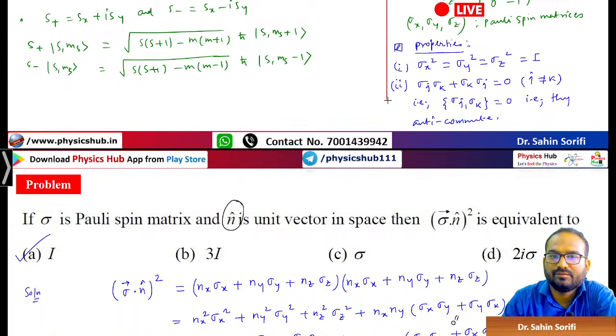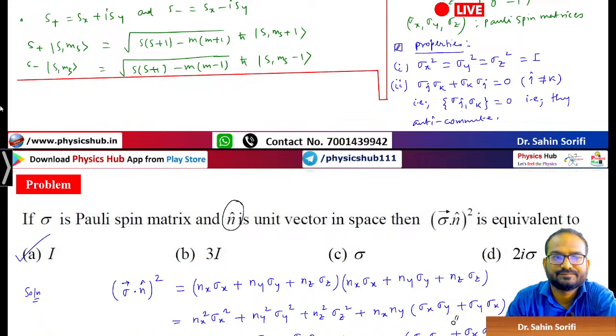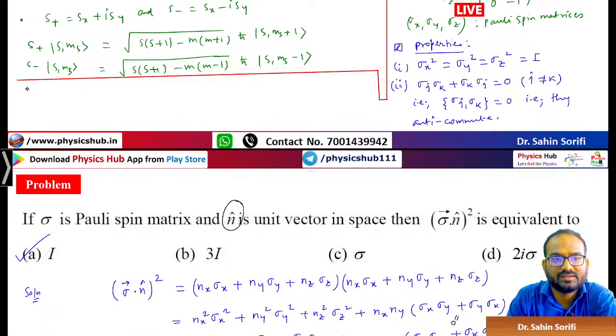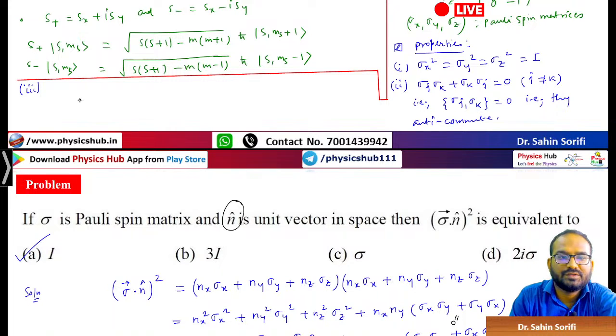Okay, one thing I told you is that they anti-commute. Second property, let's write the third property here. They anti-commute. So what will be the value if you take the commutator of sigma j, sigma k?